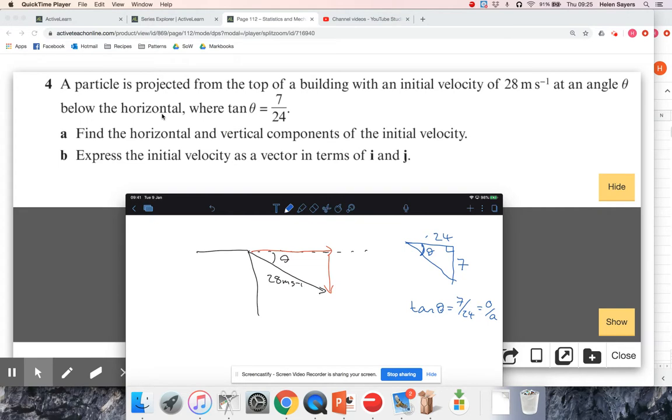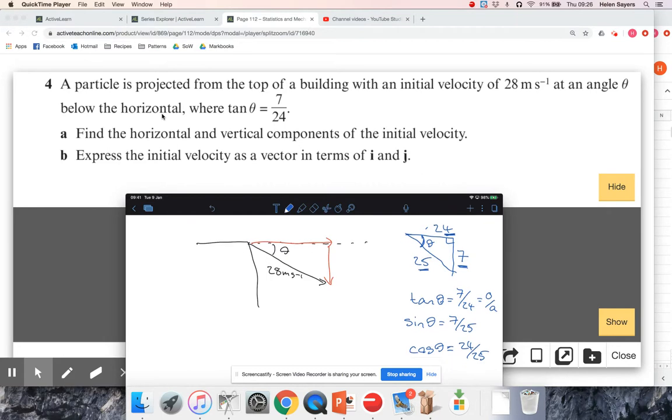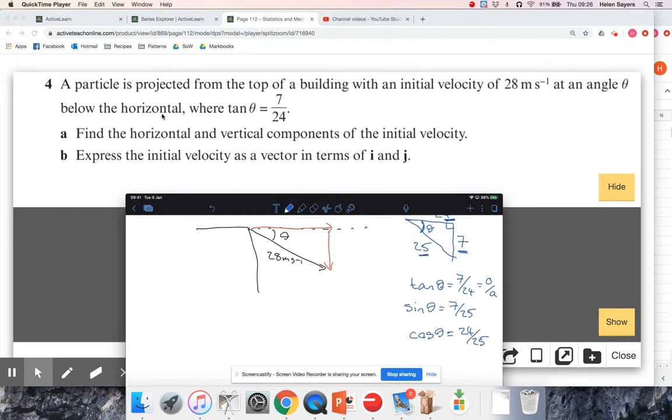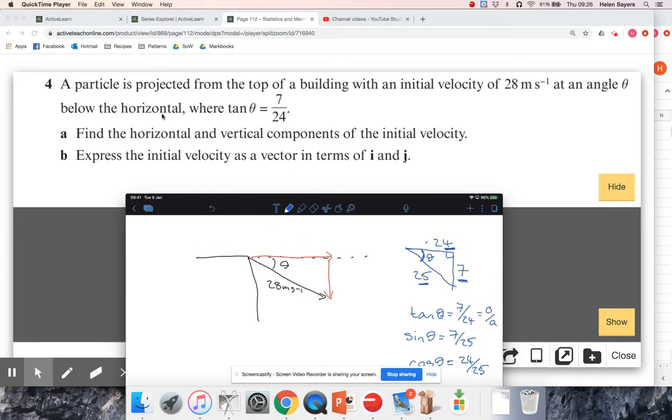I'll just do it on the calculator. 24 squared plus 7 squared, all square rooted, gives me a hypotenuse of 25, which means I know that sine is opposite over hypotenuse, so that's 7/25, and cos is adjacent over hypotenuse, so that will be 24/25. So that's the proper way to get those values, if you like.